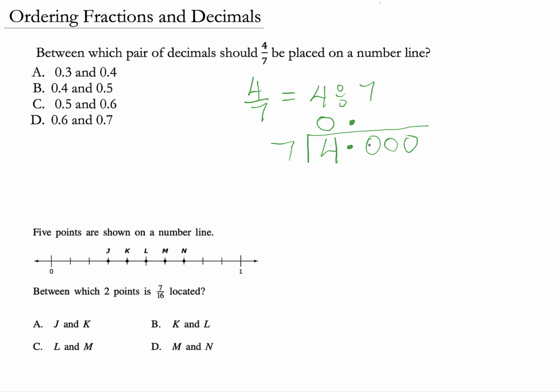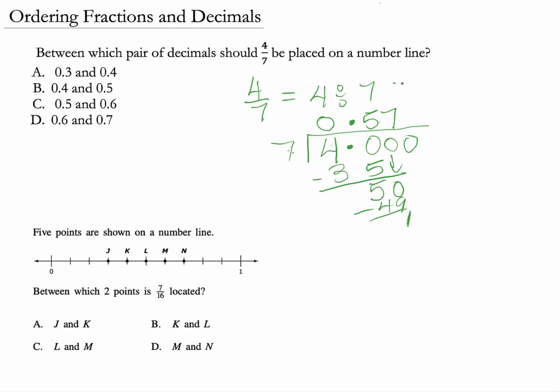So 7 goes into 40. That would be 5 times. 5 times 7 is 35. When you subtract, you get 5. Bring down the 0. 7 goes into 50 7 times, and then 7 times 7 is 49. And when I subtract, I get 1. Now, this is going to keep going.